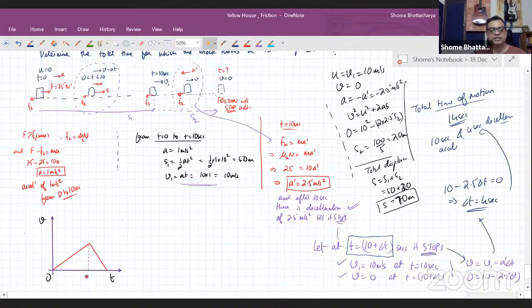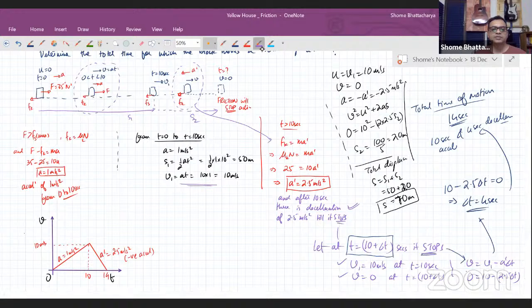So in 10 seconds, it's achieving a maximum velocity of 10 meters per second at an acceleration of 1 meter per second square. Then it starts decelerating at 2.5 meters per second square. But this is a negative acceleration or a deceleration. Okay, and it achieves 0 at 14.